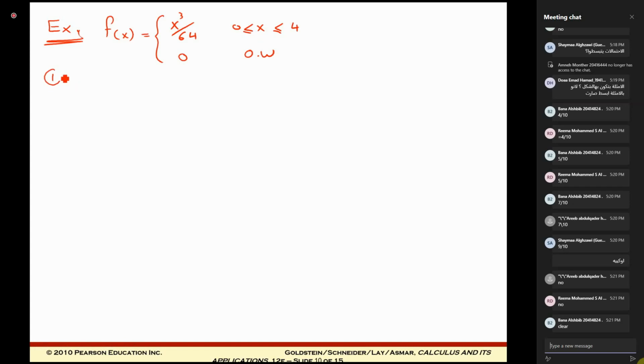Now the first, we need to verify that f of x is a probability density function.